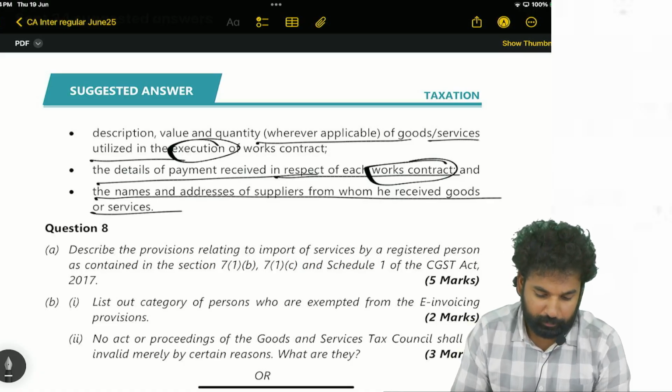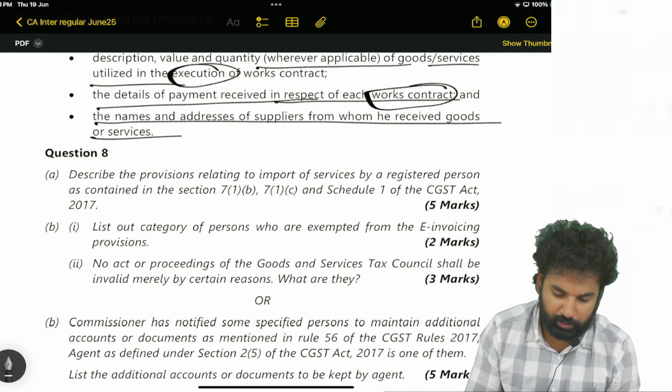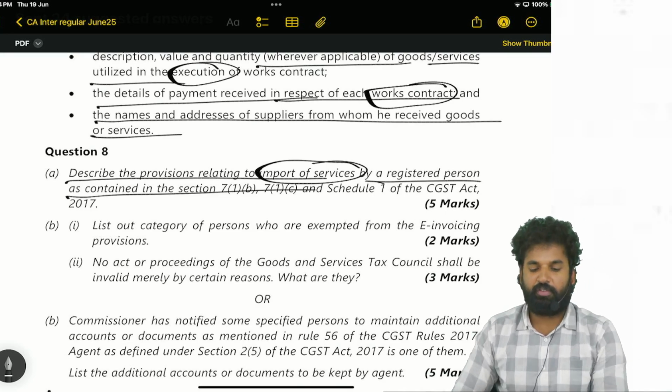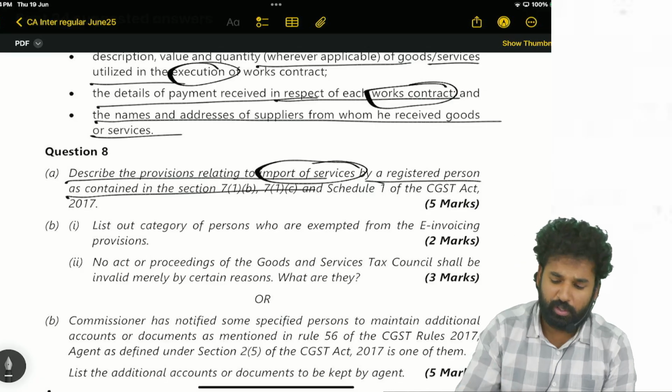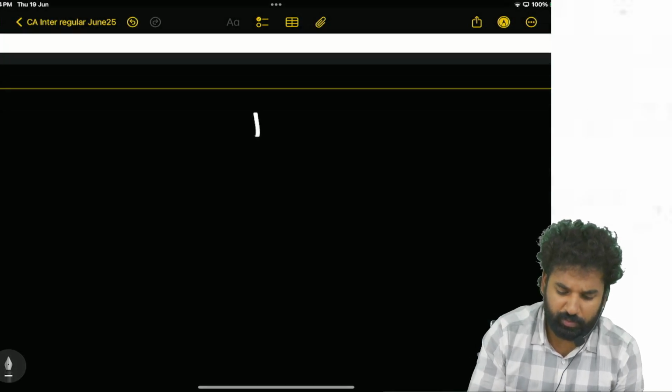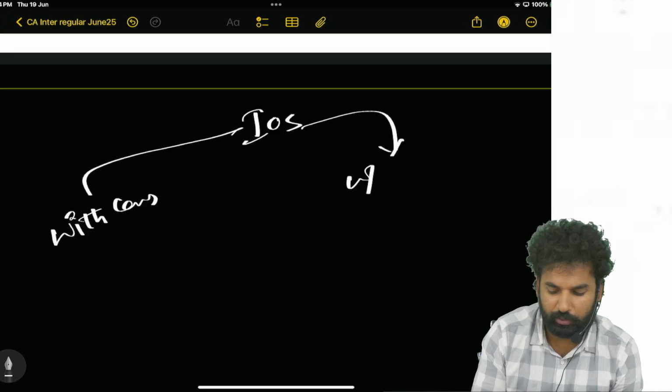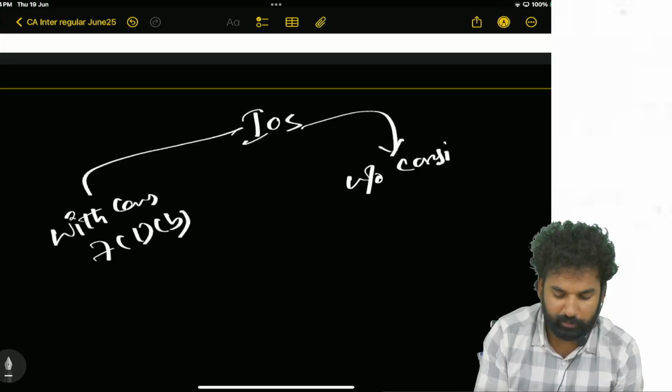Next, describe the provisions relating to importation of services by a registered person as contained in 71B, 71C. Importation of services means importation of services with consideration, without consideration. 71B is applicable here.